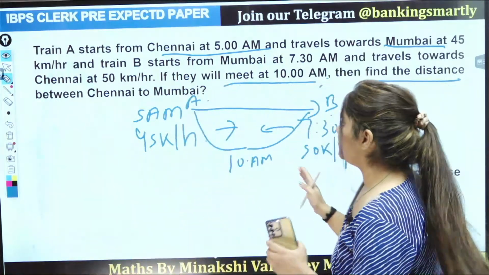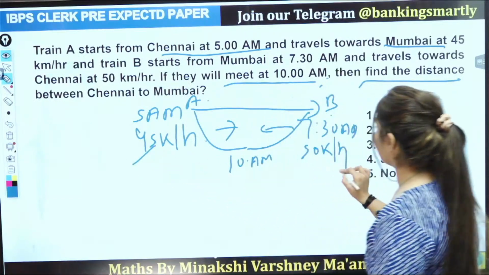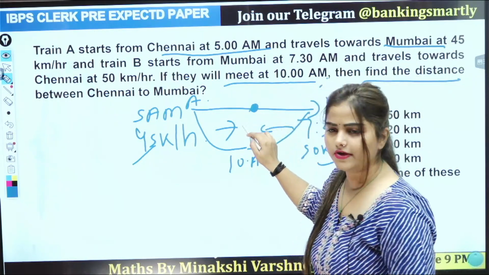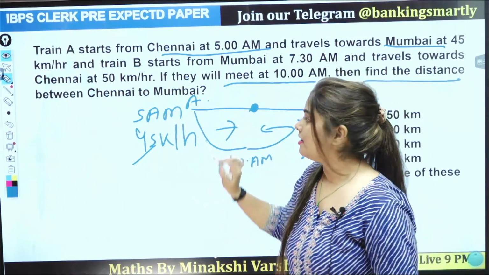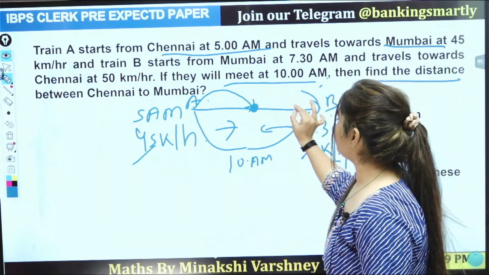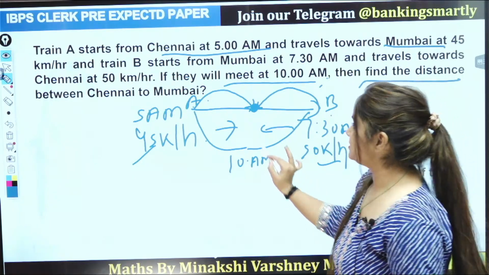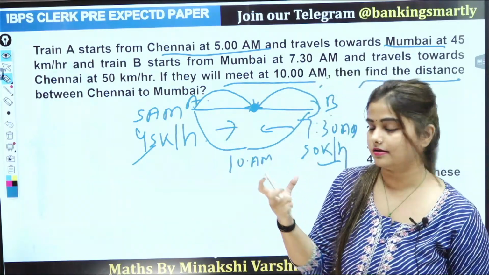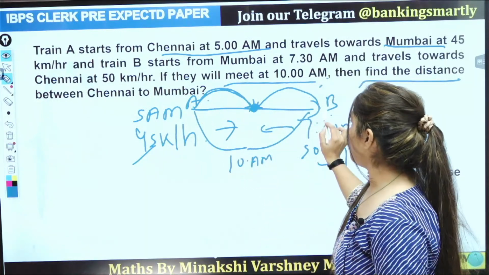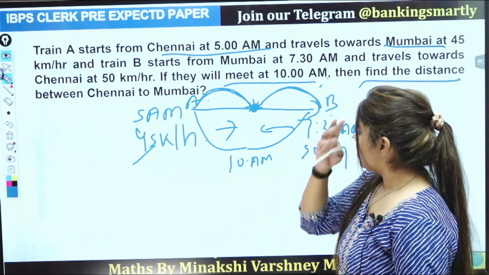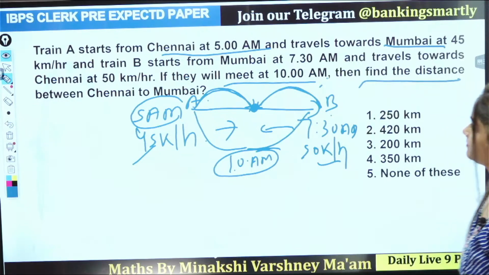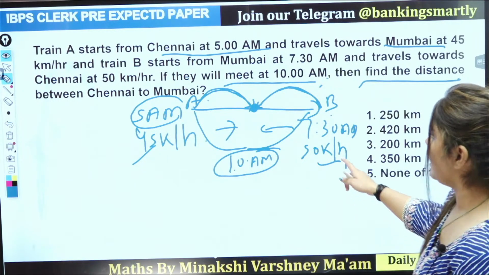So what we have here is speed and time also. We don't know at what distance they will meet, but A will cover some distance from here and B will cover some distance from here. So till 10 a.m., from 5 a.m. to 10 a.m., we have 5 hours.